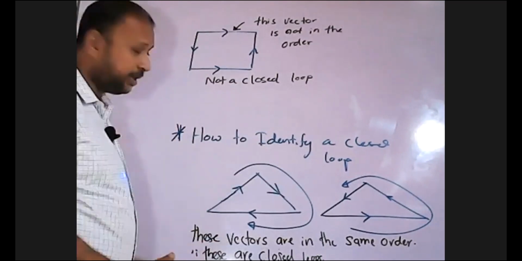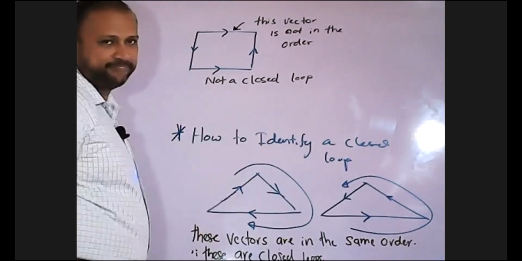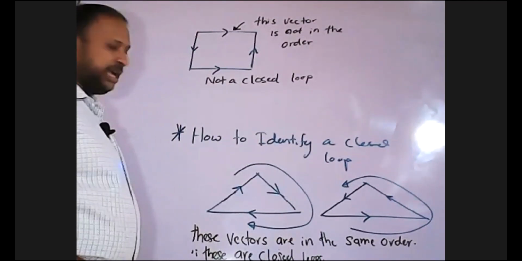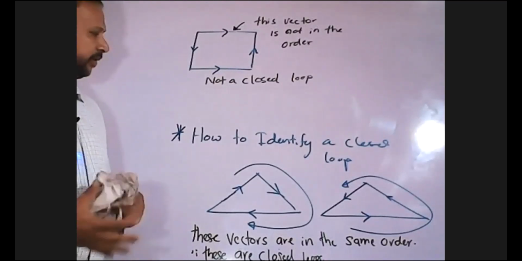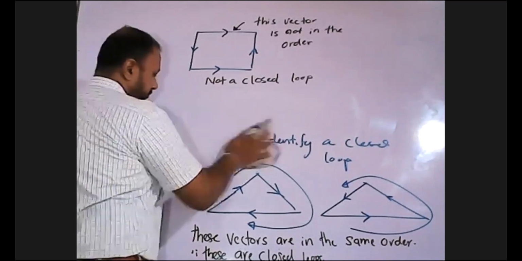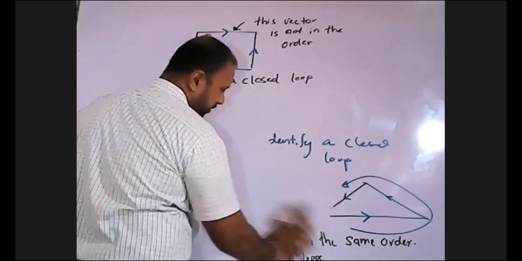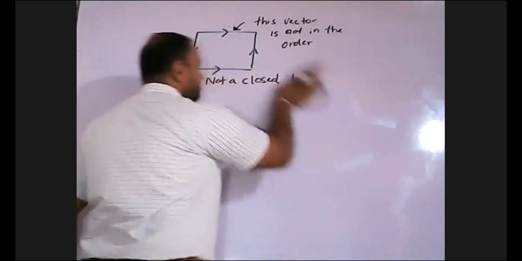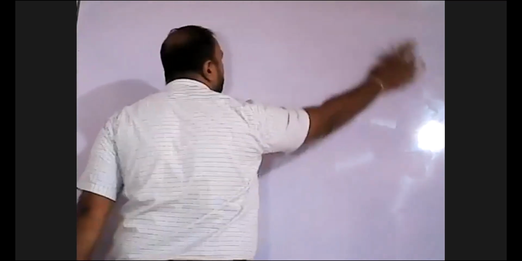It is easy to identify a closed loop using this method, no? That is the first characteristic.